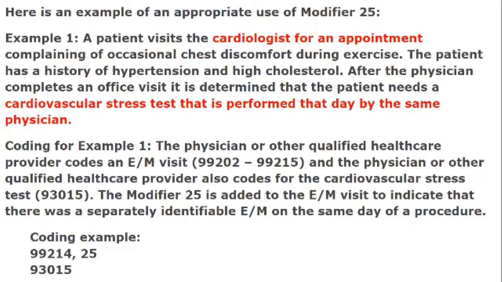And then that 25 modifier goes beside it because we're going to use a 93015, which is our stress test. So why do you think we need that 25 modifier?